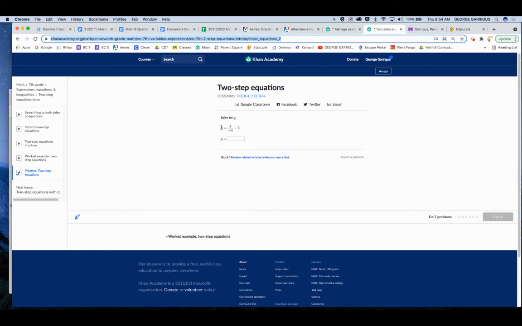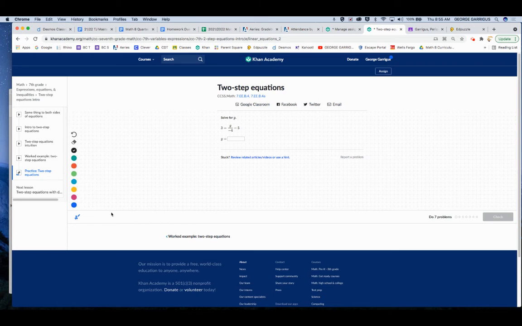I have a constant, 3, equals g divided by -4. So I have a variable term. There's a variable, and I'm going to rewrite that as a fraction, minus 5. There's another constant. And I'm asked to solve this for g.